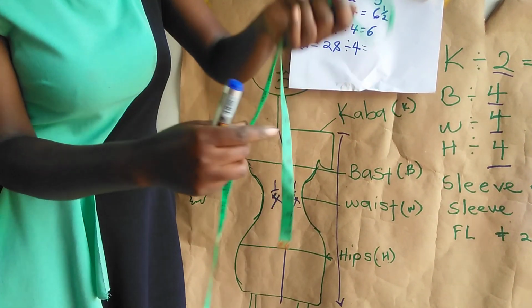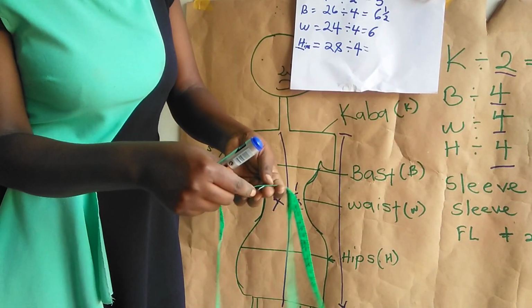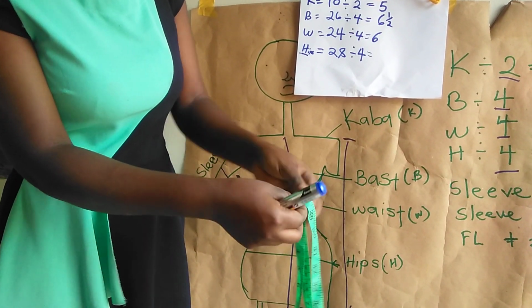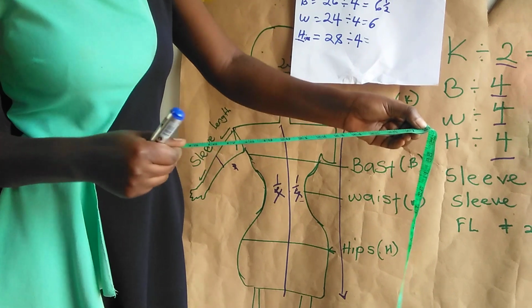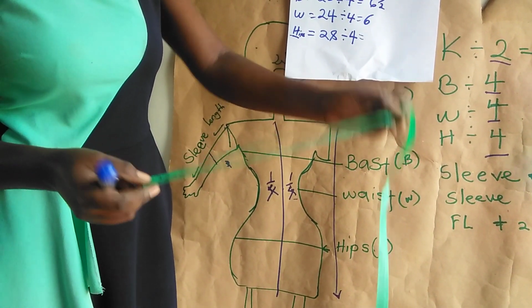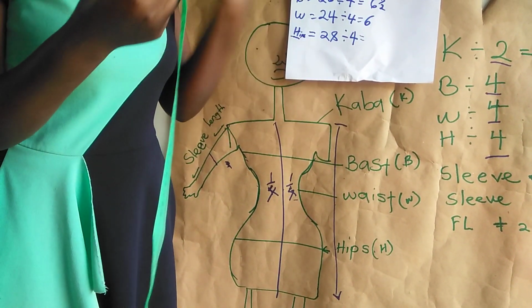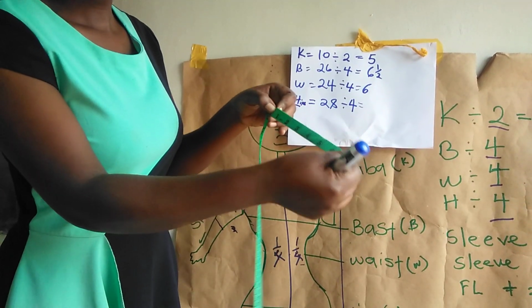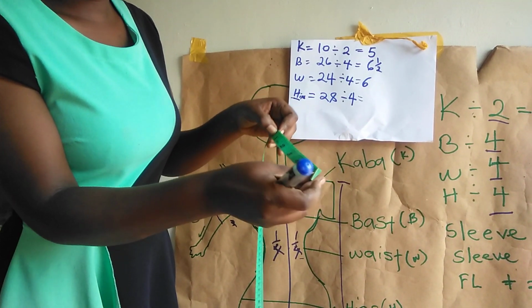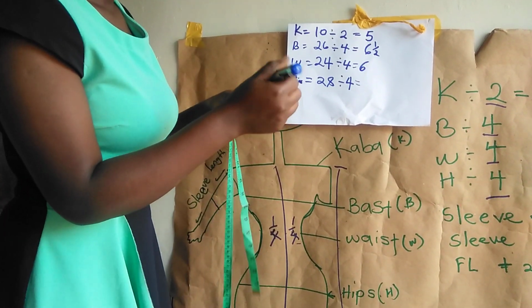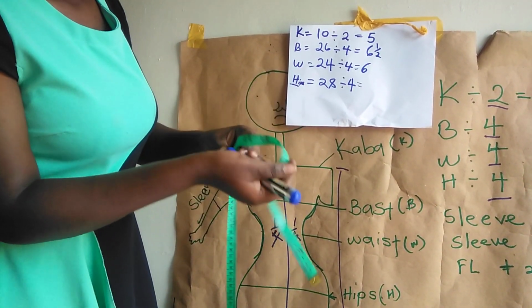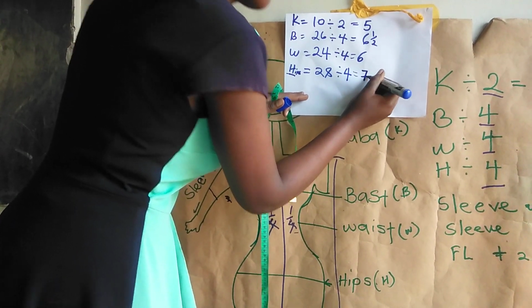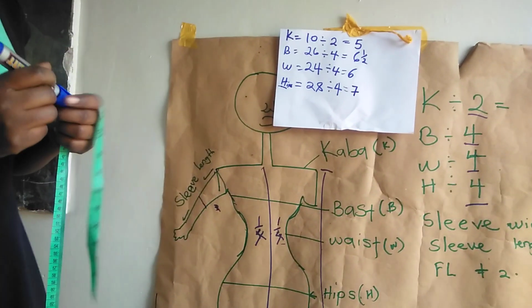You have to be accurate. This is our 28. We divide by 4 here. We divide it again. So this one gives us 7. So those are our measurements.